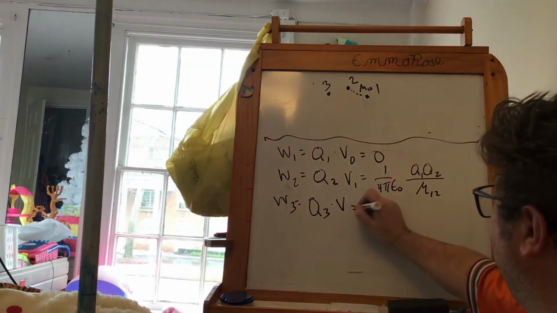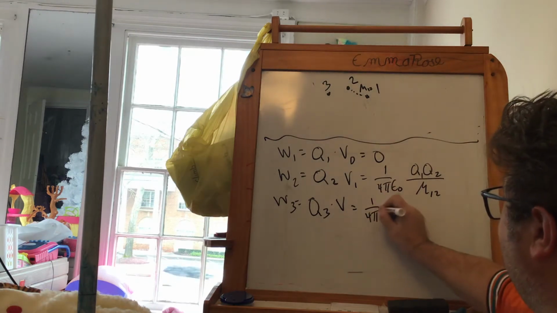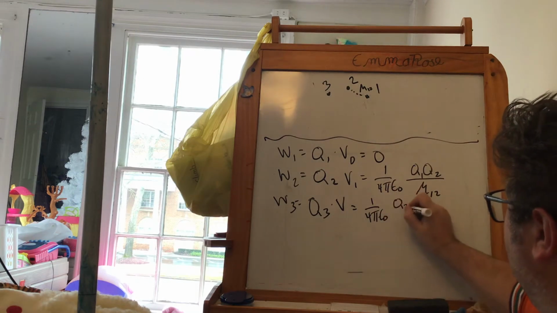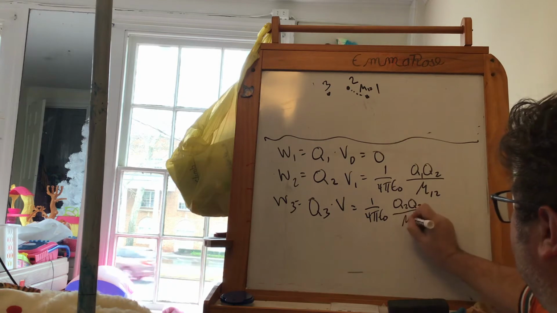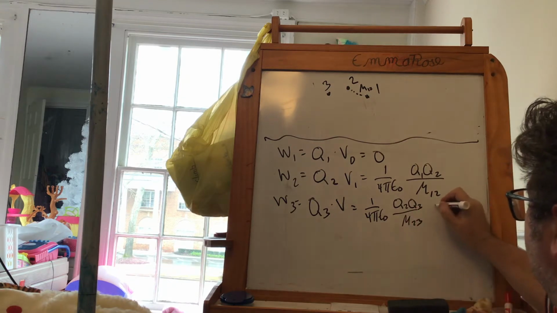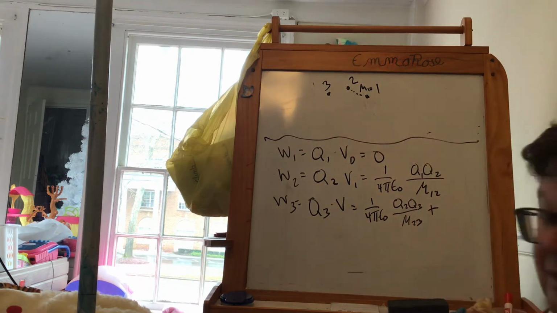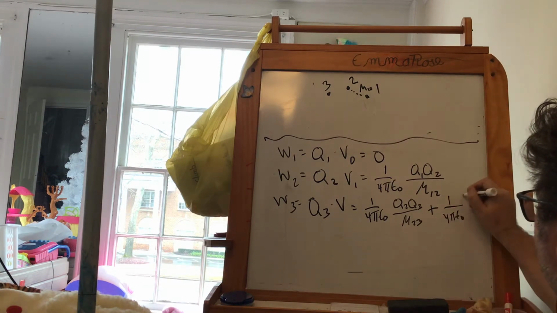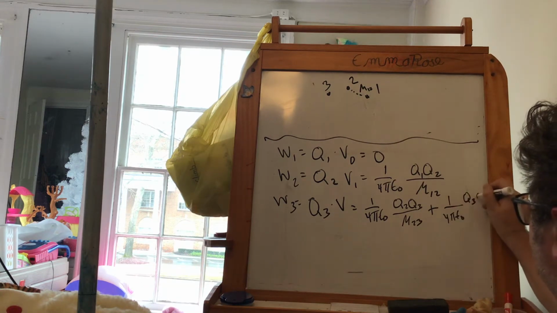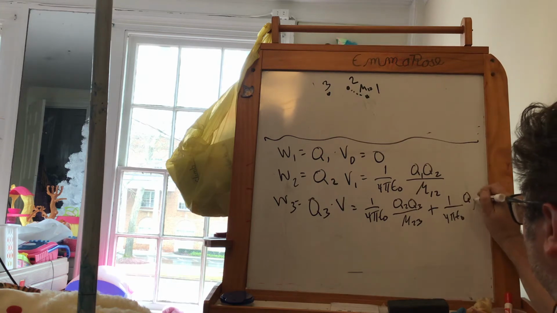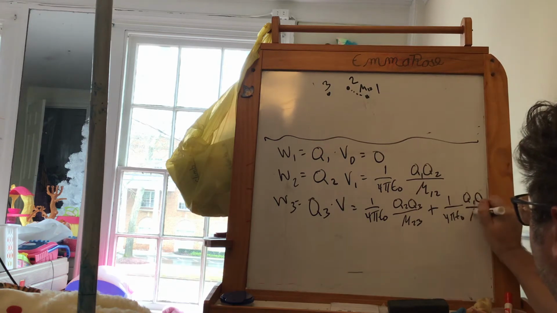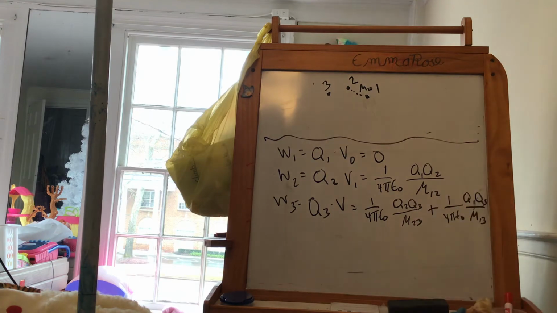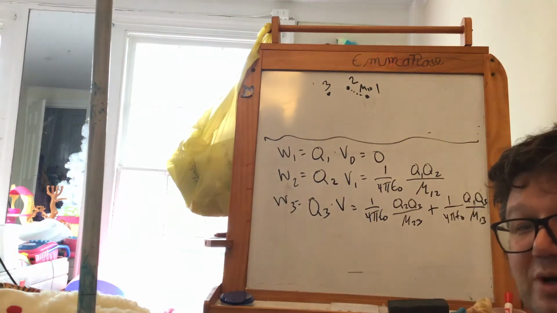So this is going to be 1 over 4 pi epsilon naught Q2, Q3 over script r 2,3, plus now, principle of superposition, 1 over 4 pi epsilon naught Q1, Q3 over script r 1,3. Right, because this is going to interact with charge 2 and it's going to interact with charge 1.